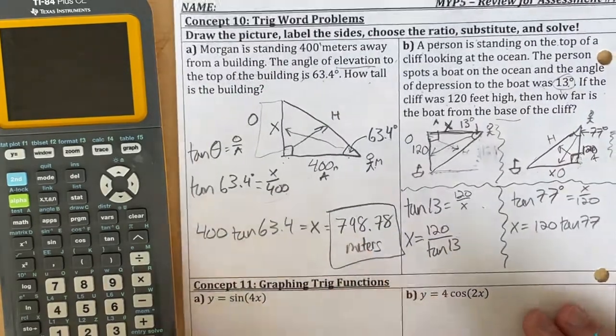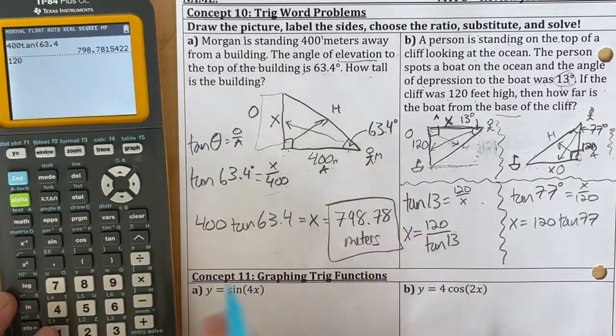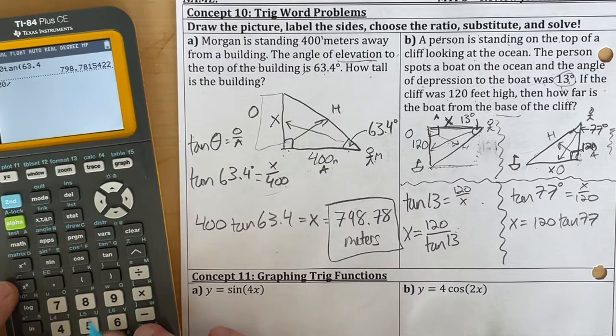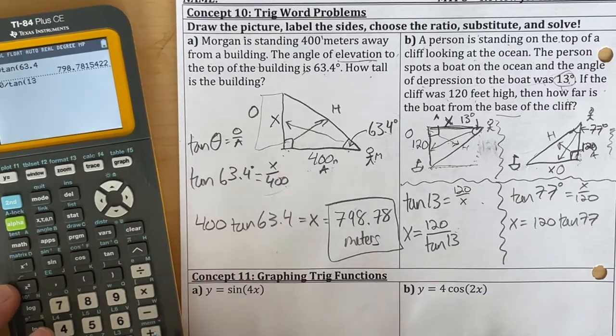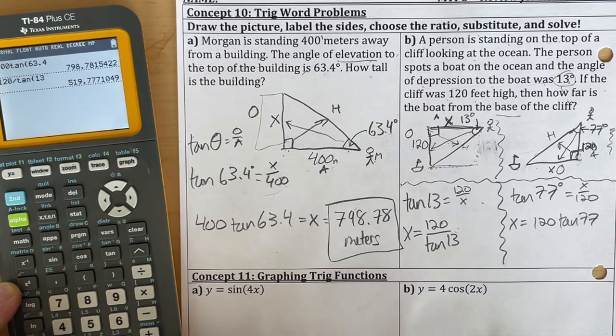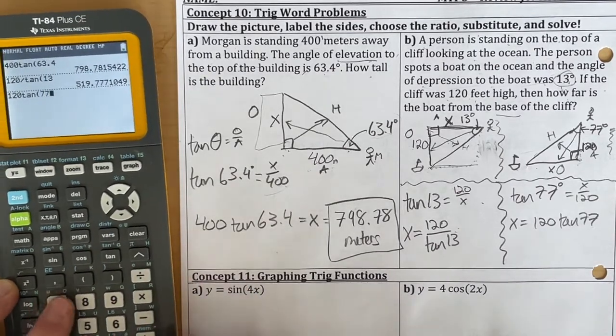So hopefully these two match up, as I have confidence in them. Let's do this one first: 120 divided by the tangent of 13 is that value, and then we have 120 times the tangent of 77.